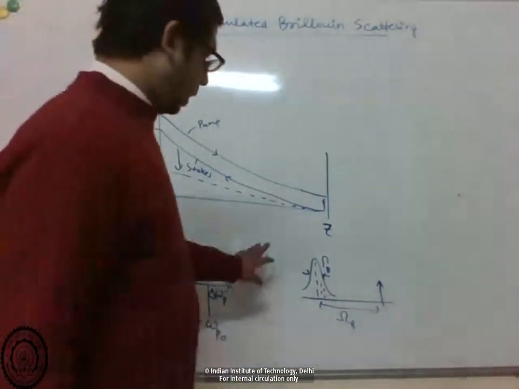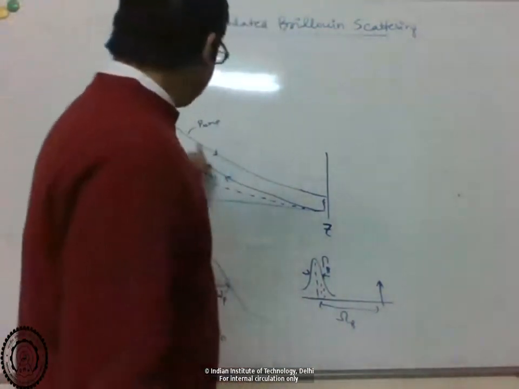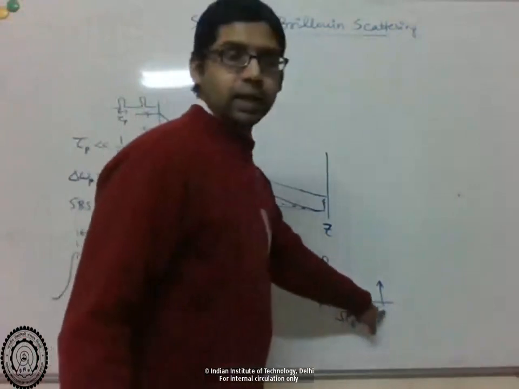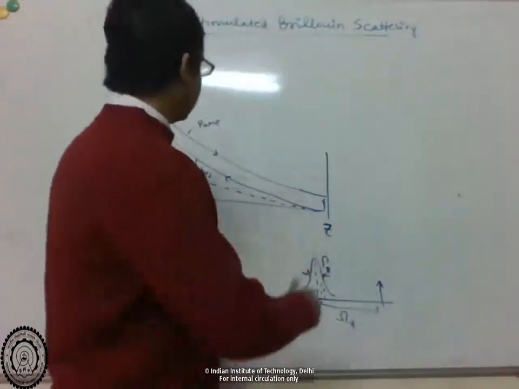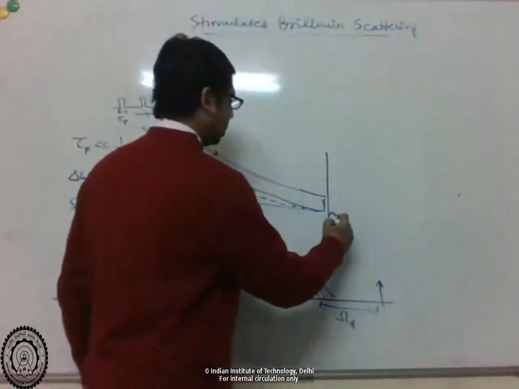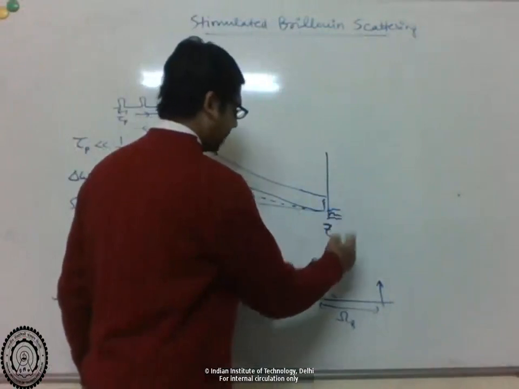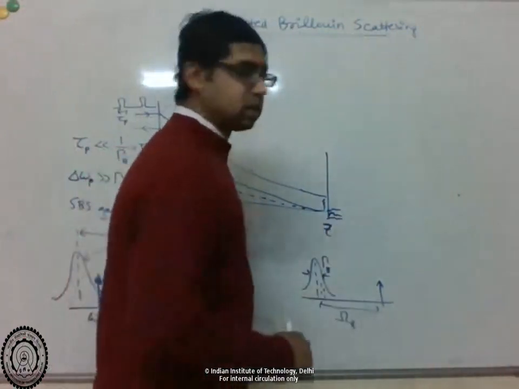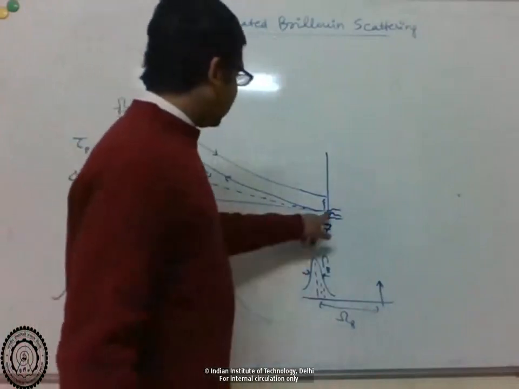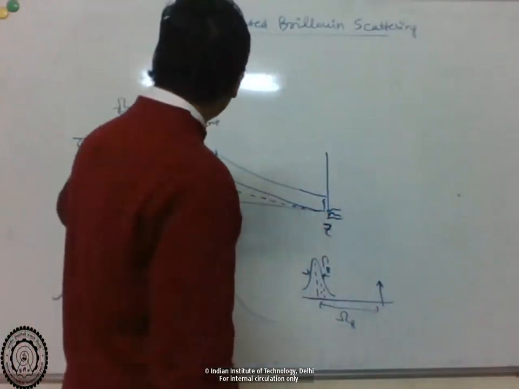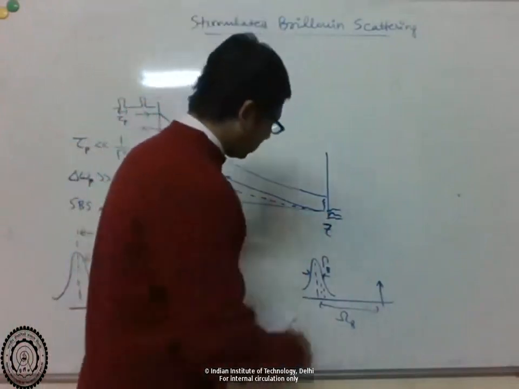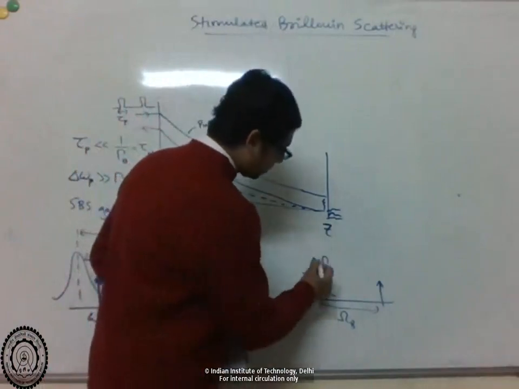No. So in this case, when the pump is monochromatic, right? So imagine here you have some noise present at different frequencies, right? Basically, the one which builds up the most will be the one at the center of the gain, okay?